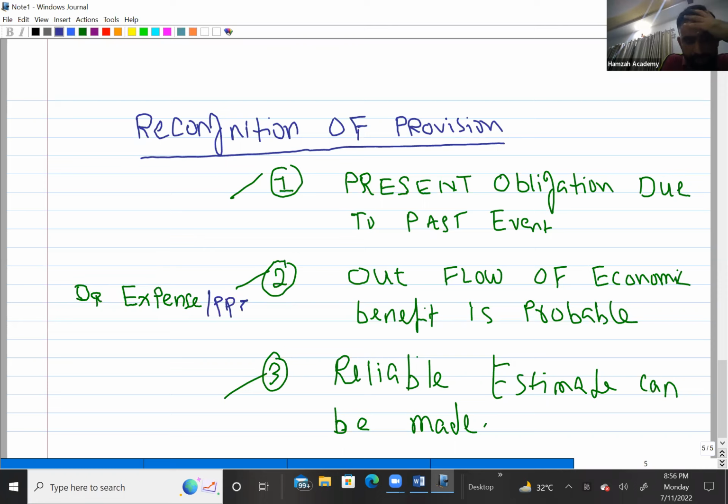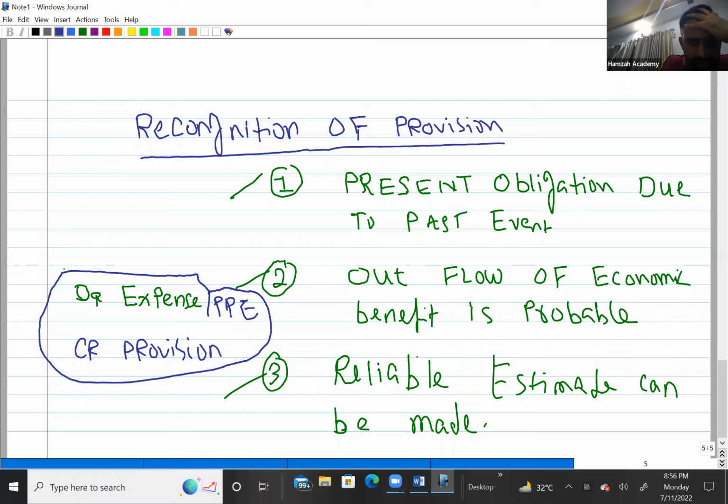Property, plant and equipment is also debited, and a provision will be credited in the financial statements. This entry will be made if the recognition criteria is fulfilled. If anything is missing from the recognition criteria, we cannot recognize a provision.